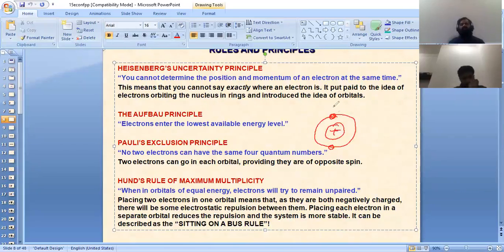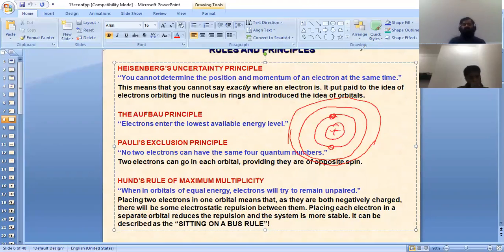Then if electrons are further available, the filling will continue till the availability of the electrons, and they will go to higher energy levels. So with the nucleus they will have the lowest energy, and as they go away from the nucleus, their energy will be higher and they will get more unstable. So the most stable electrons are those closest to the nucleus.